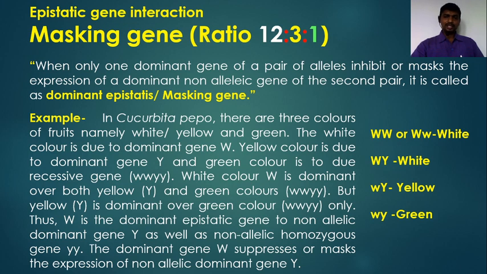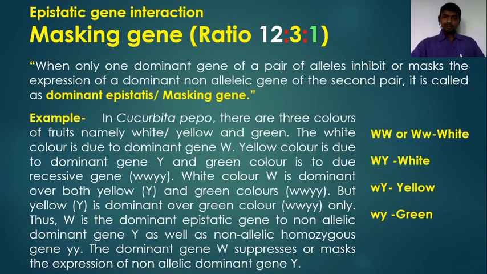So from this we can say that if W is dominant, then the phenotypic expression is white, whether Y is dominant or recessive. If W is recessive and Y is dominant, then the phenotypic expression is yellow. If both W and Y are recessive, the phenotype is green. So W dominates over Y and green also.